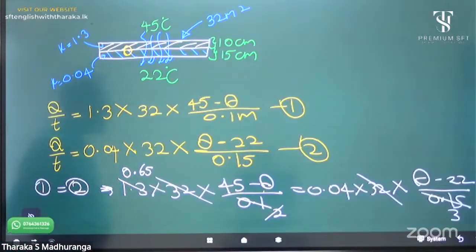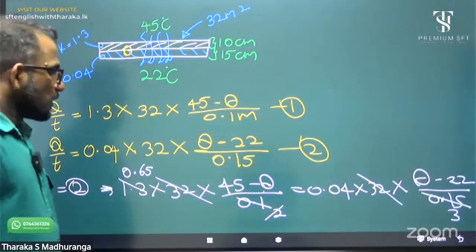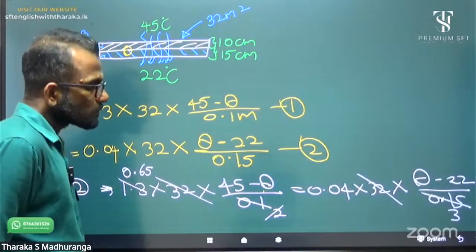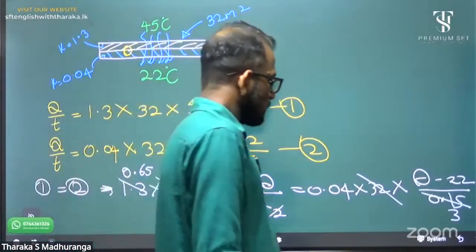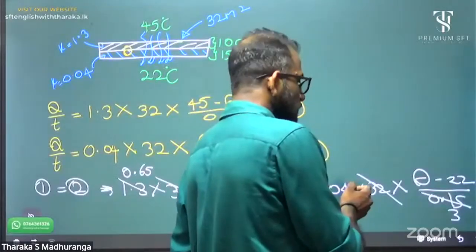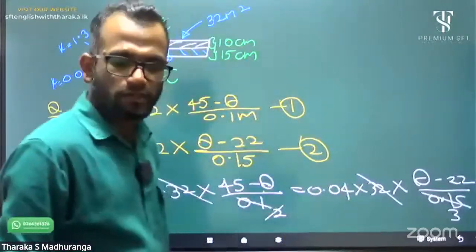Now 0.04 divided by 3, what's the answer?